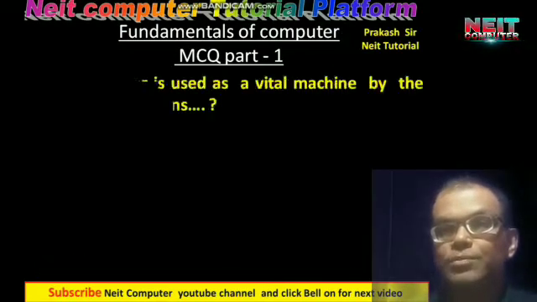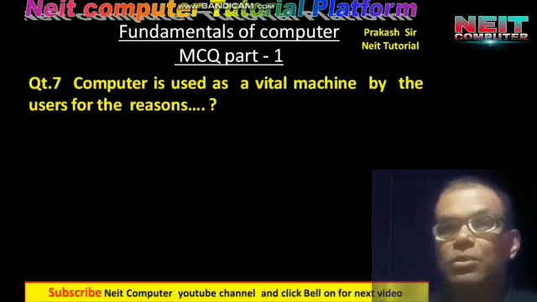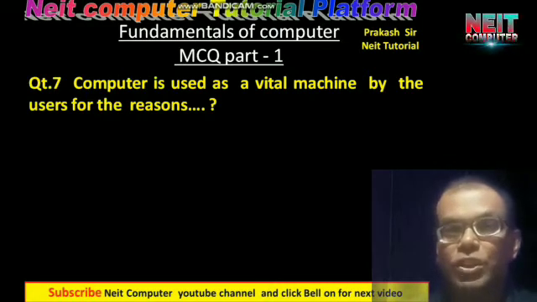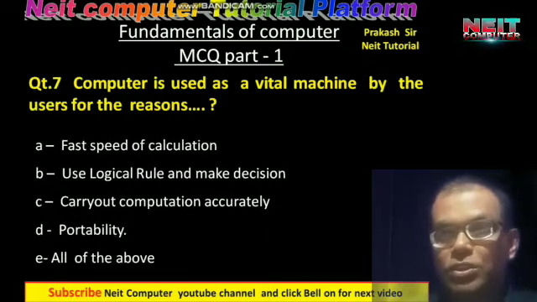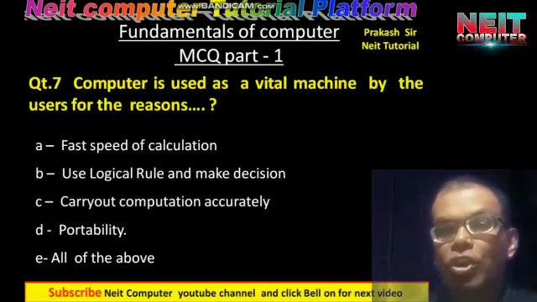The next question is computer is used as a vital machine by users for the reasons. The options are fast speed of calculation, use logical rule and make decision, carry out computation accurately, portability, all of the above.